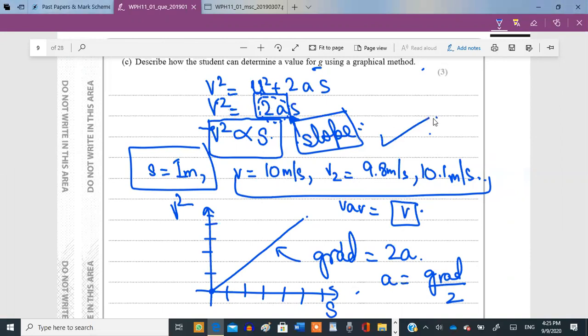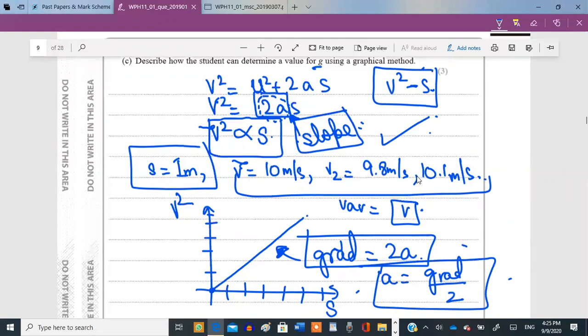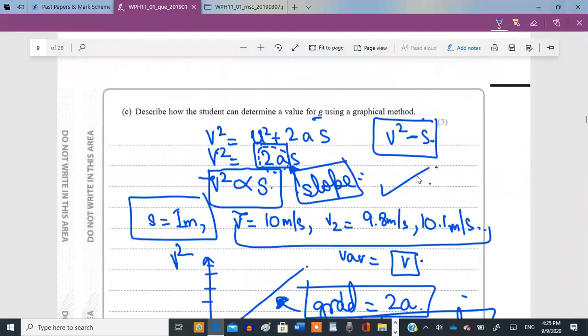After this, mention that they repeat this for different heights and measure the corresponding values of v, then plot a graph of v squared against s, and you get a straight line passing through the origin. Calculate the gradient of that line, which equals twice the acceleration, so the acceleration is half of the gradient. That gives you all the points. Should I move on?